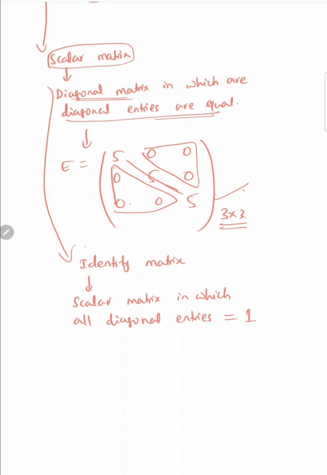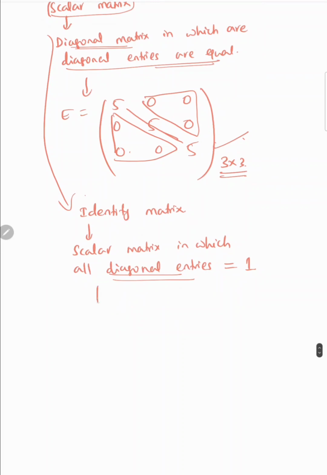Generally, the identity matrix of order n is denoted by In. I am taking n equal to 3. This is I3, the identity matrix of order 3: 1 0 0, 0 1 0, 0 0 1.